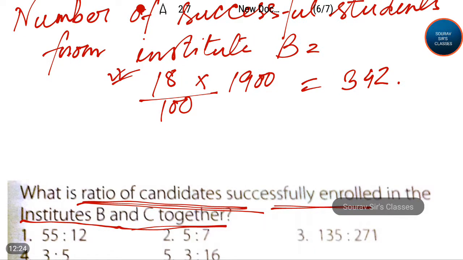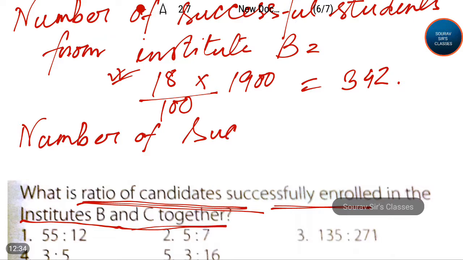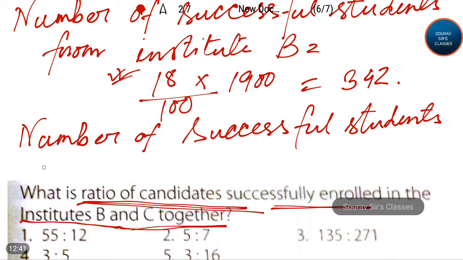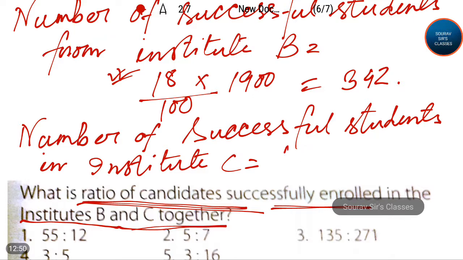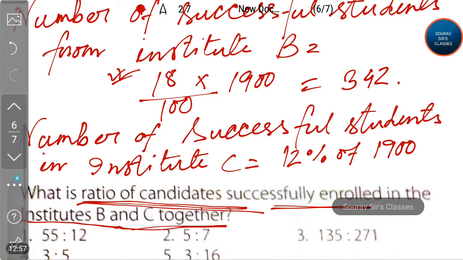And the number of successful students in Institute C is equal to 12% of 1900.